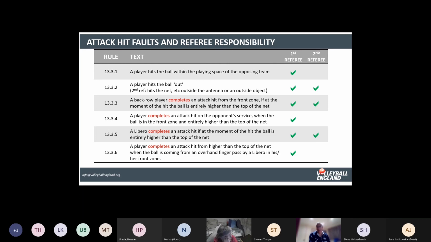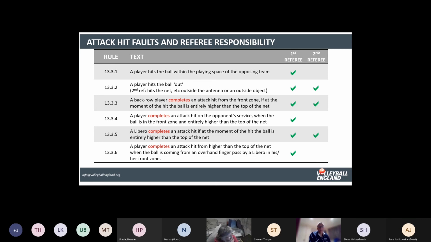So, for example, if the ball is short, it just drops over the net, and the front row players see that the serving team are a little bit asleep, then they may just volley it straight back, as long as they play that ball below the top of the net. So just remember that the only issue is where the ball is hit.